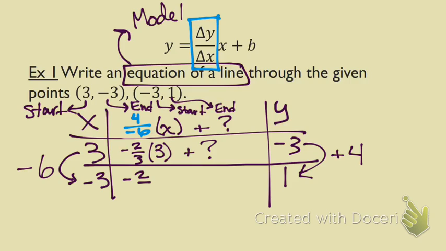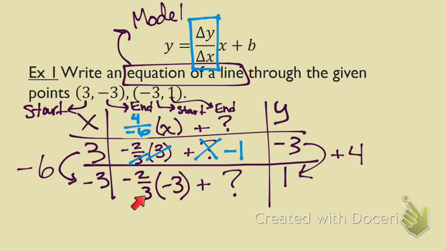If I do it again, -2/3 times -3 plus what gets me to 1? So I'm going to repeat that one more time. -2/3 times 3 leaves us with -2 plus -1 gets me to -3.